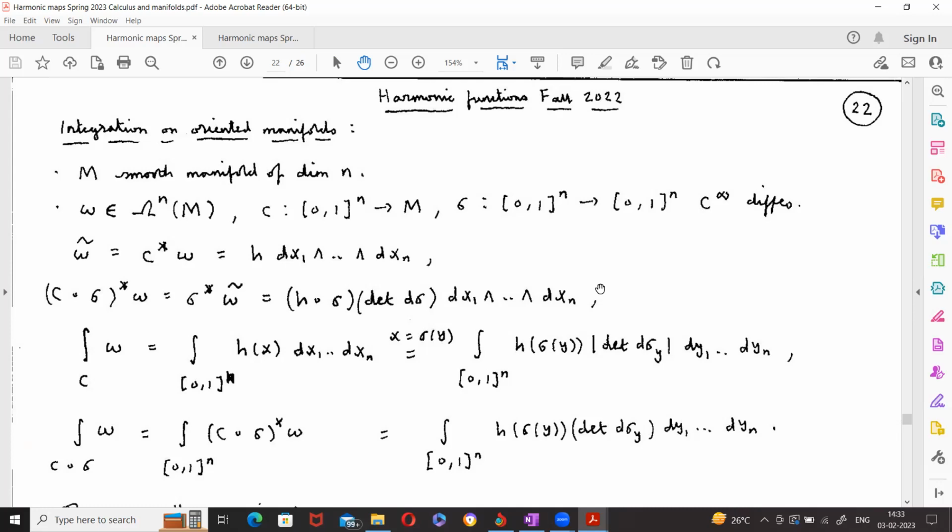For an n form omega on an n-dimensional vector space, the space of n forms is one-dimensional, so T star omega is some constant times omega. That constant is nothing but the determinant of T. So here at each point, we're pulling back by the derivative d sigma, so what's going to come out is the determinant of d sigma. Is that clear?